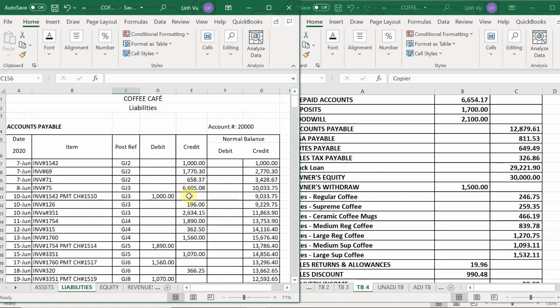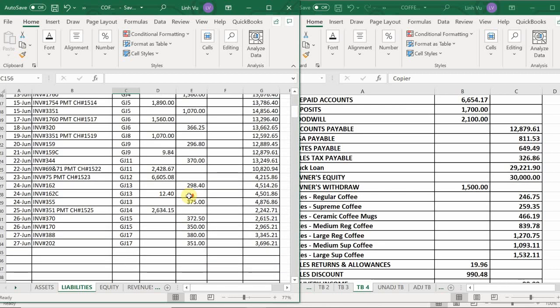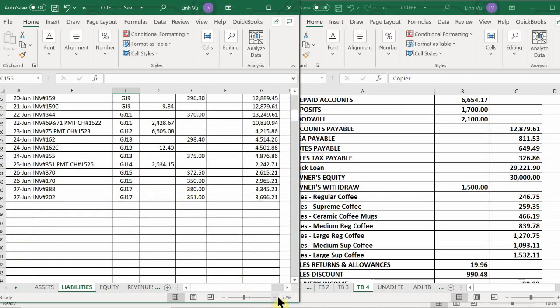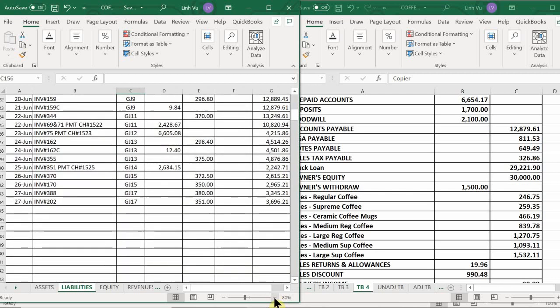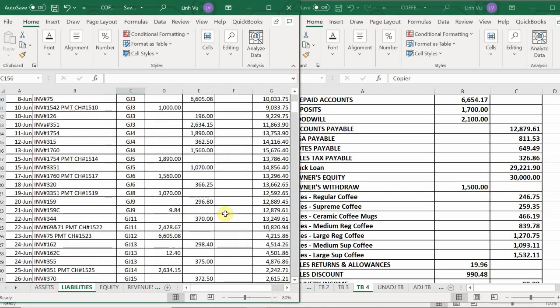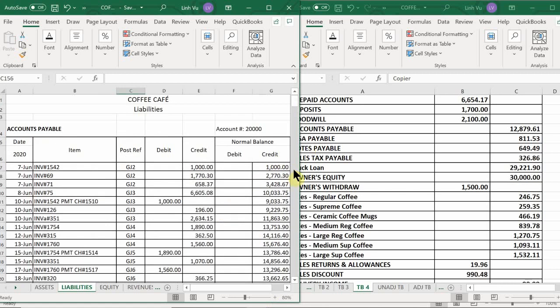Okay? So let's start from the very top, accounts payable, right? Let me make this a little bigger so we can see the numbers a little better. Okay? So first thing we have here is going to be accounts payable.